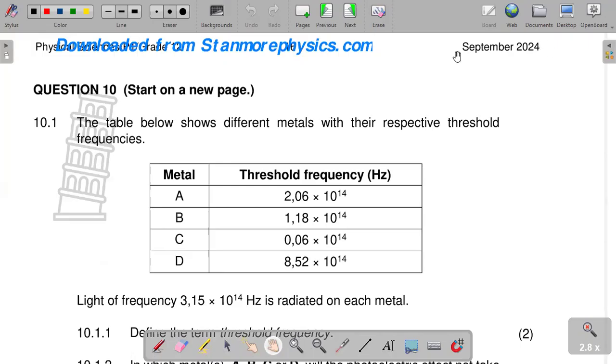It's not written here, but it's from Northern Cape. This is Northern Cape, September 2024. I hope everybody's doing well, and so let's get into lesson 5 now.